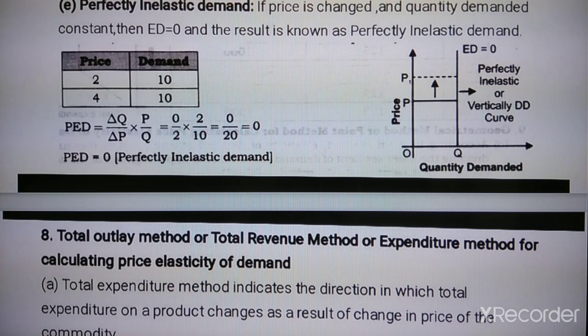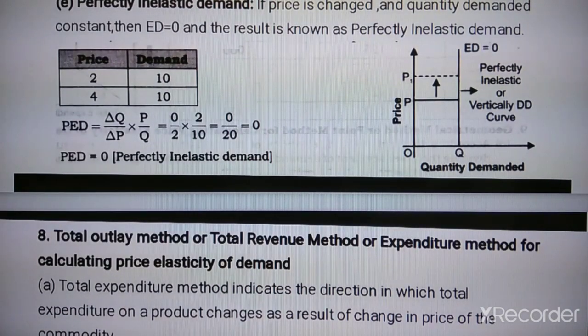If price elasticity of demand is smaller than 1 and greater than 0, then we call it what? Inelastic demand. And if the price elasticity of demand becomes 0, then we call it perfectly inelastic demand.